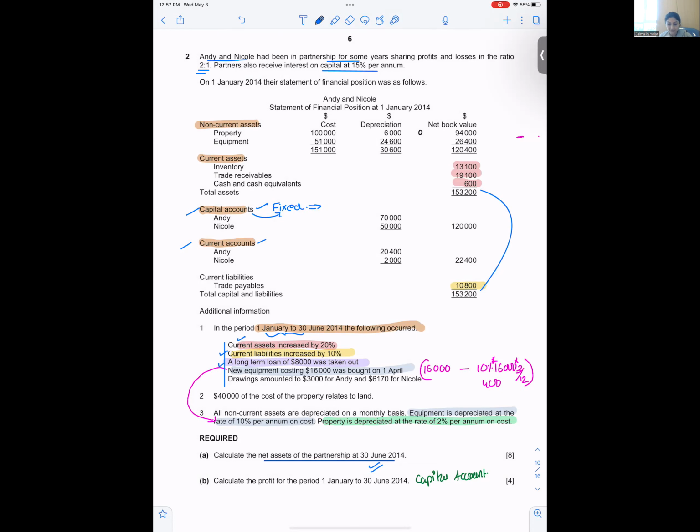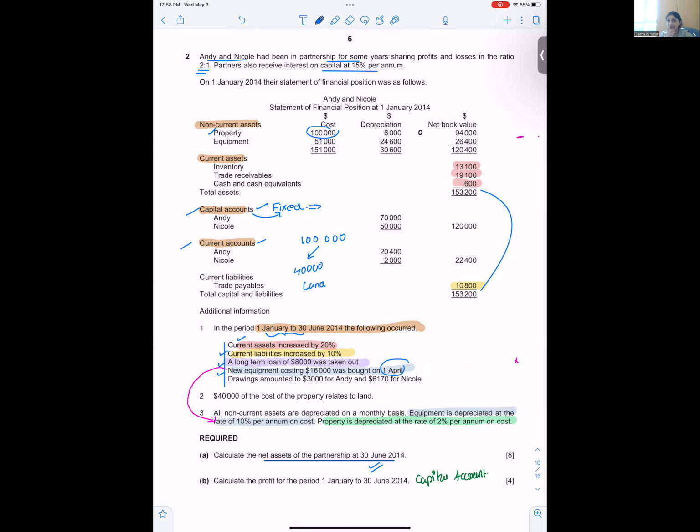A loan has been taken out, that means a non-current liability is created. New equipment is bought on the 1st of April. Drawings is there. And they say you have this property of 100,000, of which 40,000 is related to land.